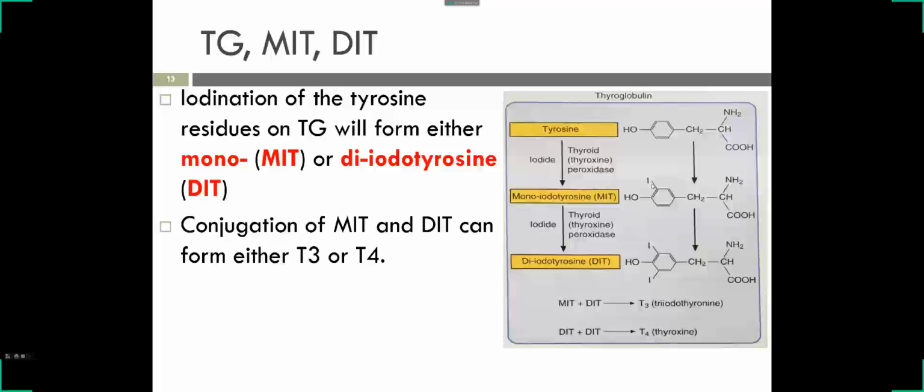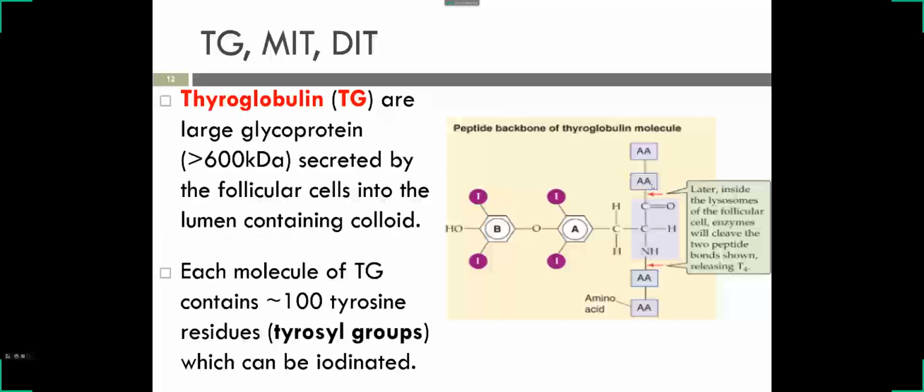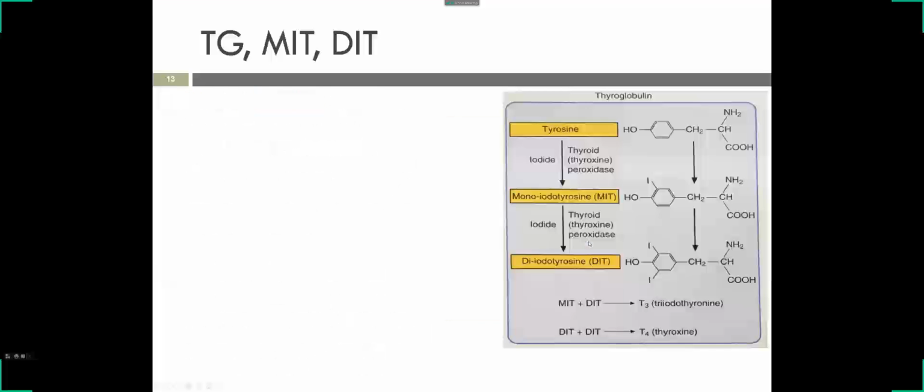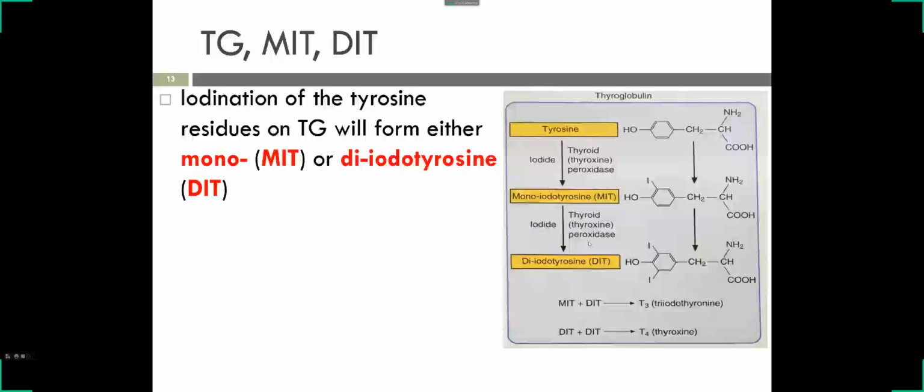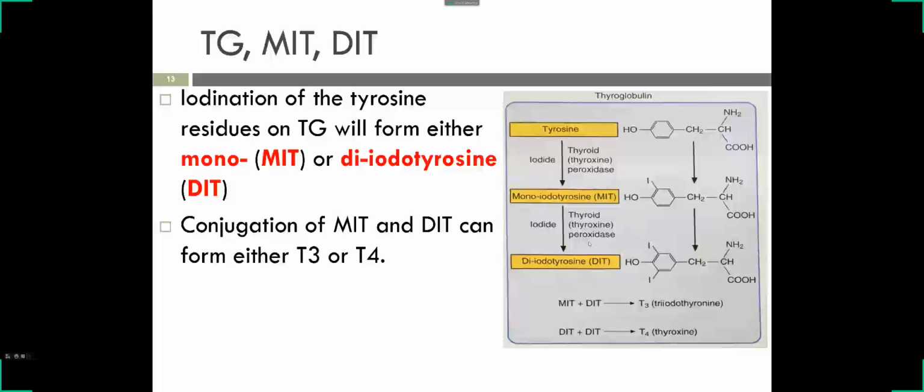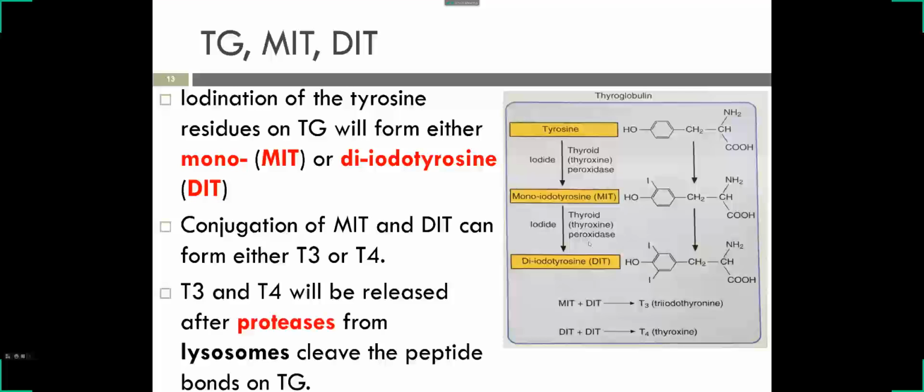And then this here would be either T3 or T4, depending on the form of iodotyrosines that are there. Obviously in the previous one I was showing you T4.